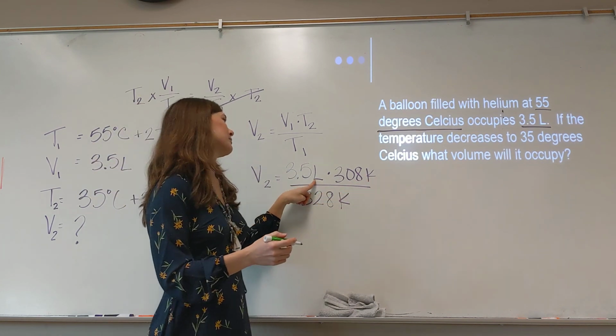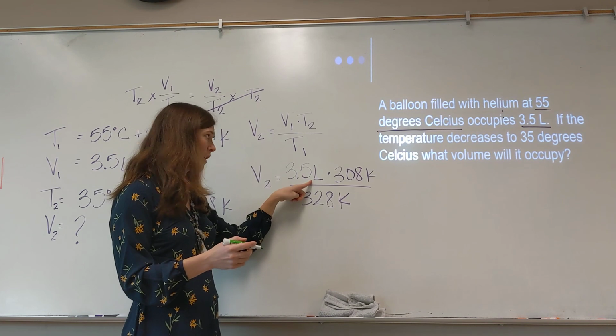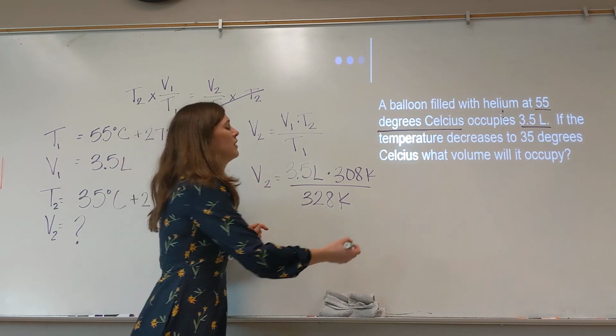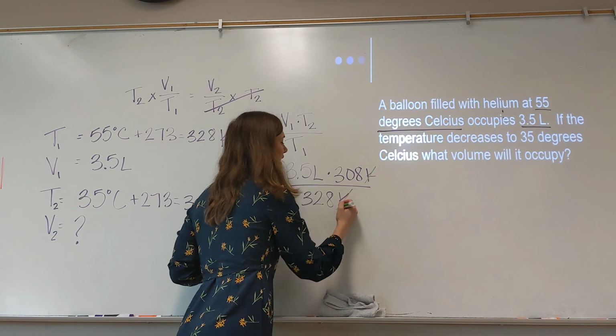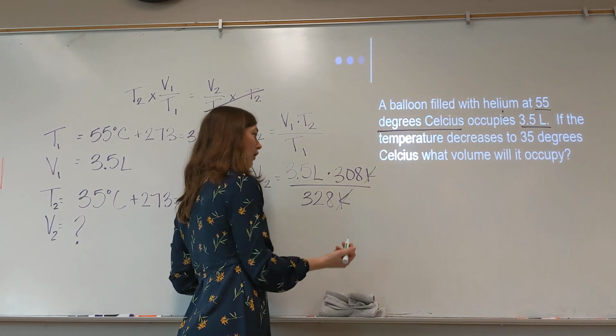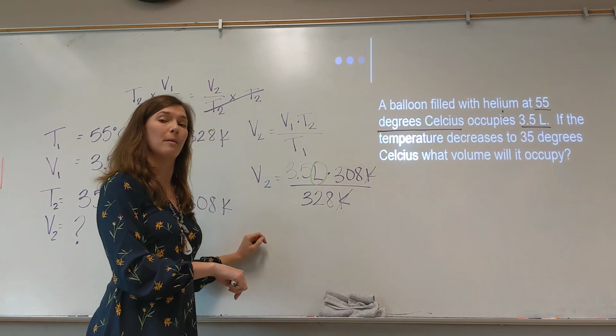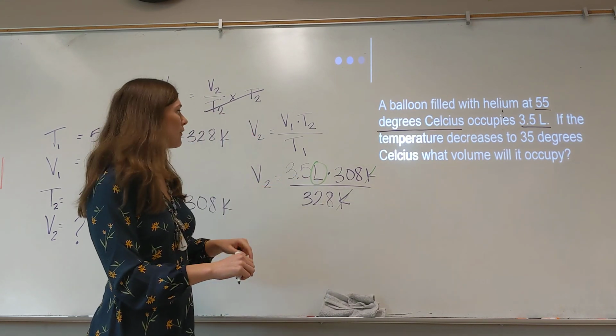So, I'm solving for volume, so I should end up with a volume unit, which is liters. So my Kelvin should cancel, and it does. I have Kelvin divided by Kelvin. I should be left with liters. There's no liters on the bottom, so I am left with liters.